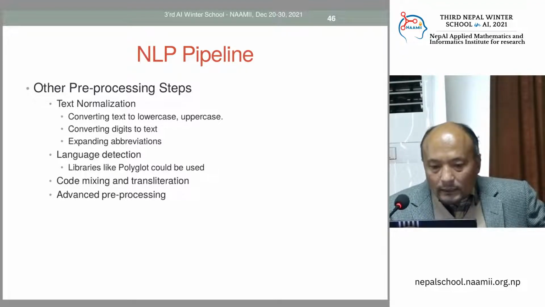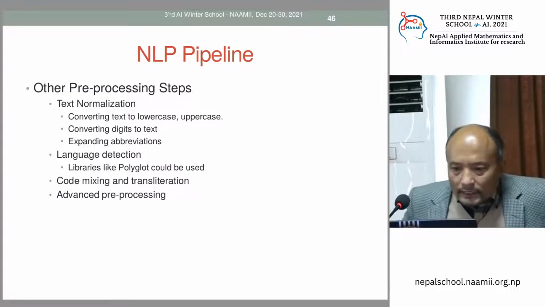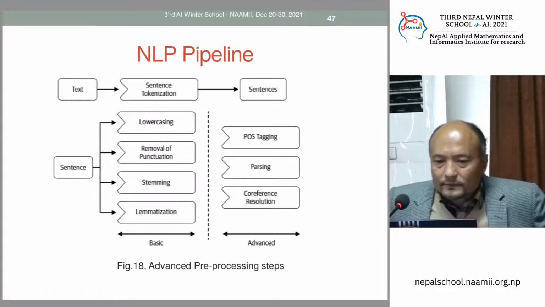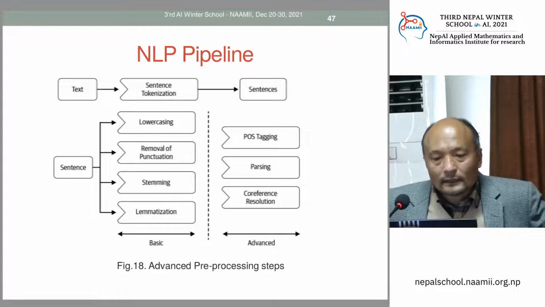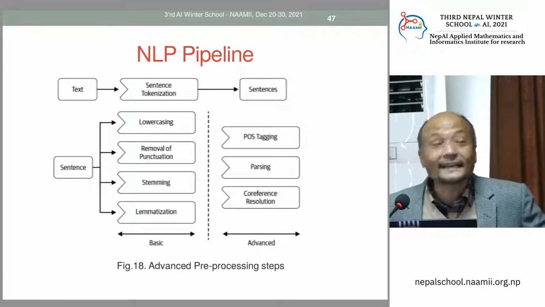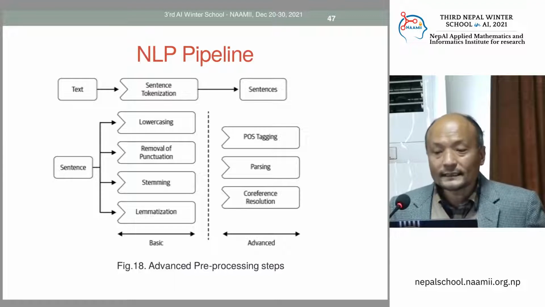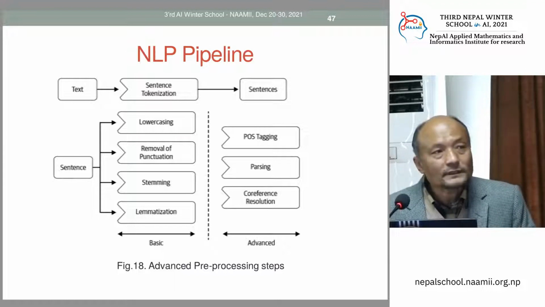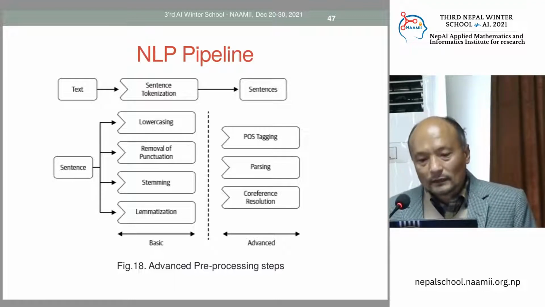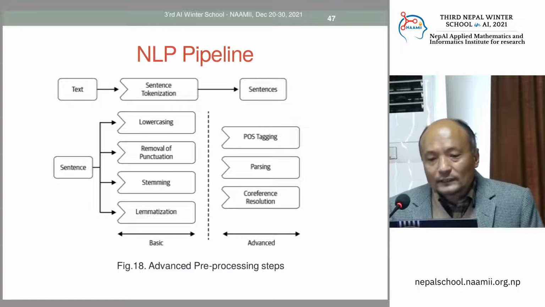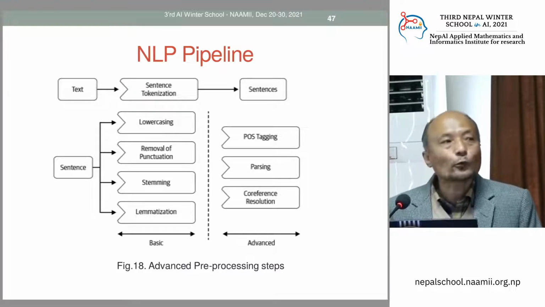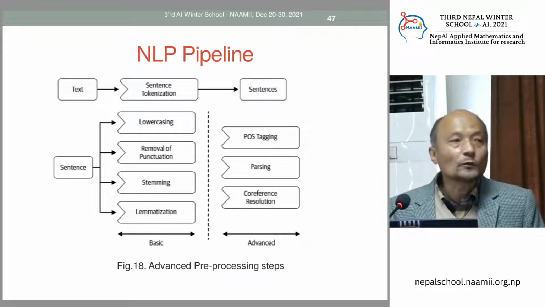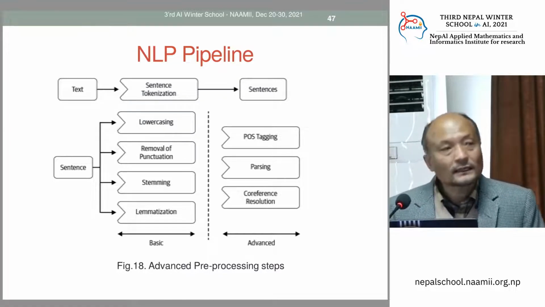There are certain advanced pre-processing steps as well. As you see in this figure, if you tokenize the text via sentence tokenization, you get the sentences, one sentence per line. Then that particular sentence could be subject to these different basic pre-processing steps like lower casing or upper casing, removal of punctuation, stemming, lemmatization.